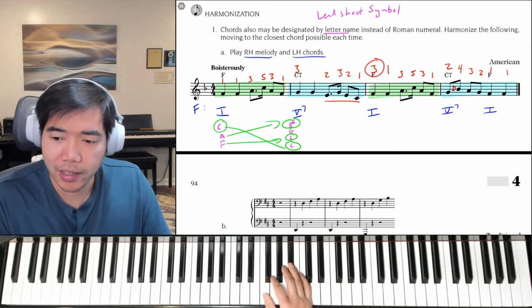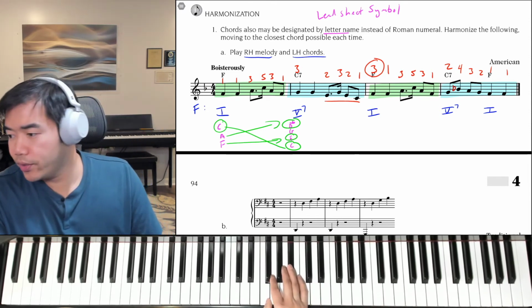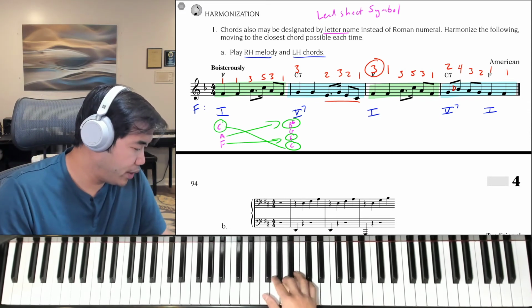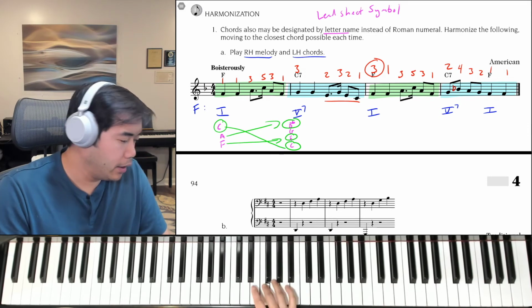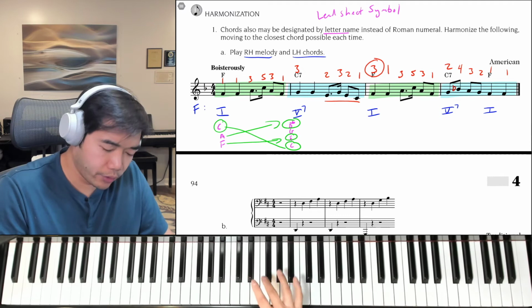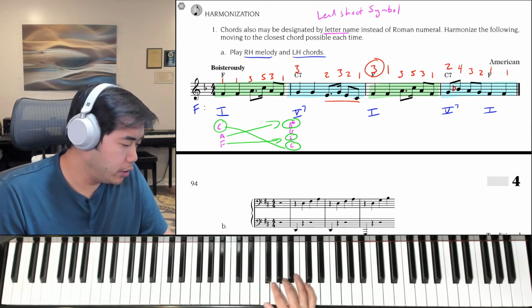Once again, ready, again. 1 and 2 and 3 E and a, 4 and. And now try the third measure with third finger. Ready, and 3 and shift 1 and 2 E and a, 3 and.